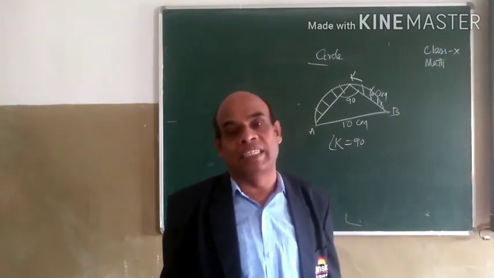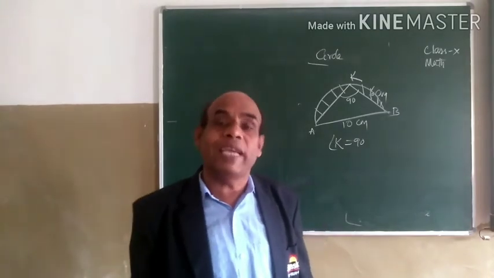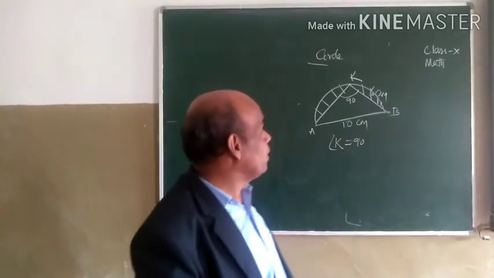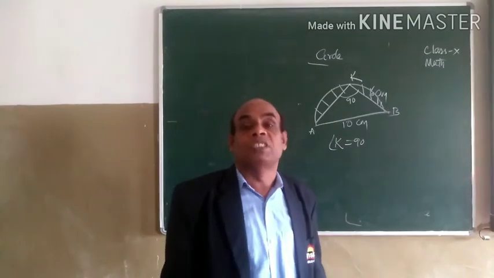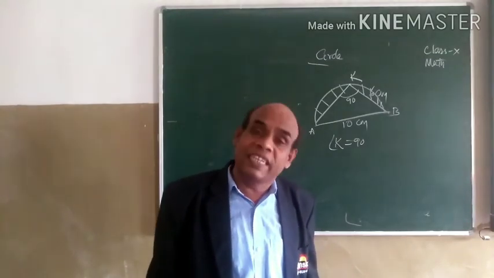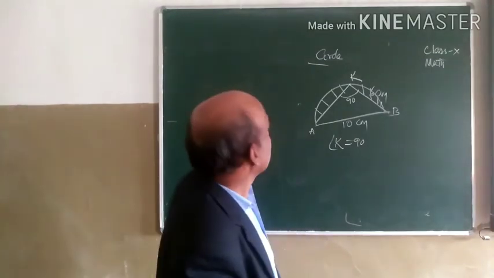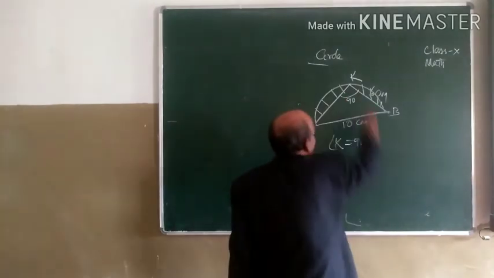A semicircle is always 90 degree. You have to remember that is a theorem. A semicircle measures 90 degree at the circumference. So angle AKB is equal to 90 degree.